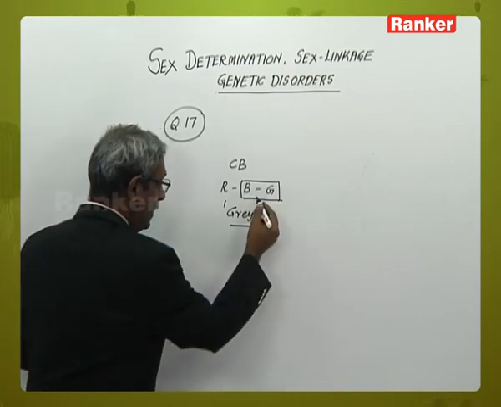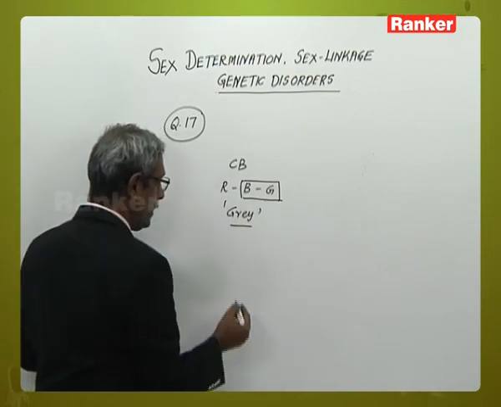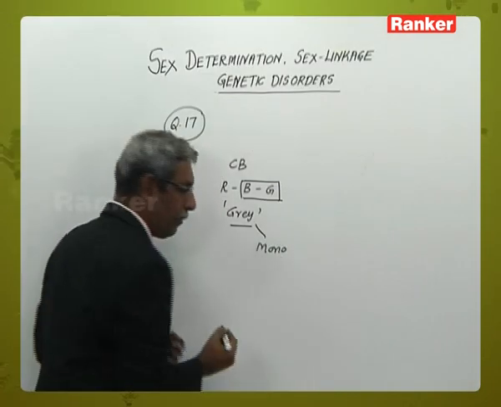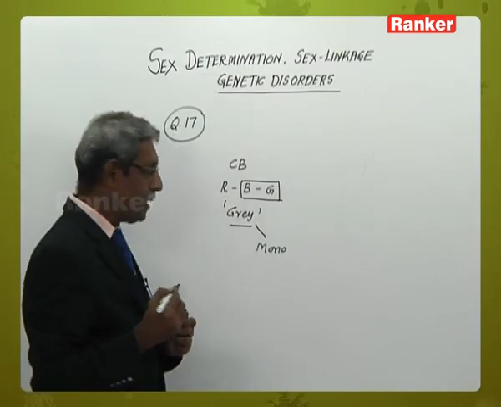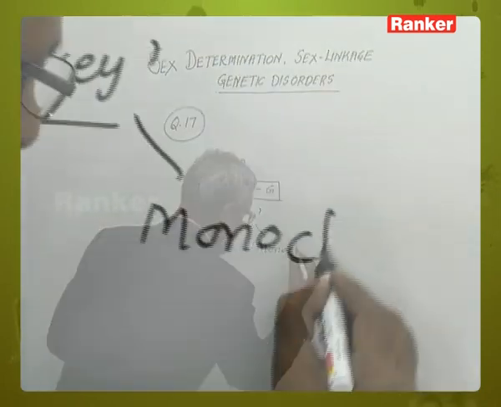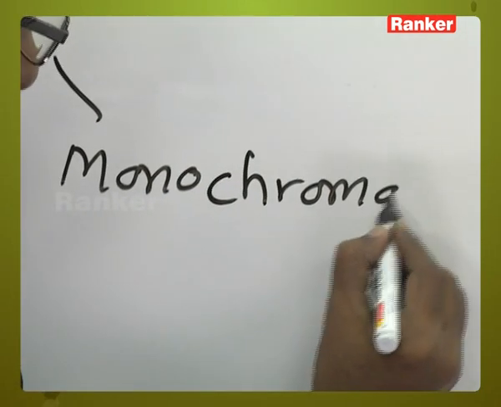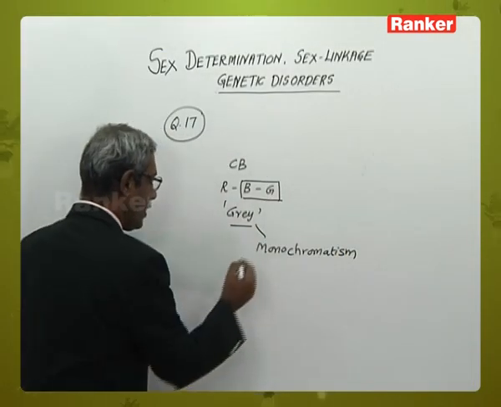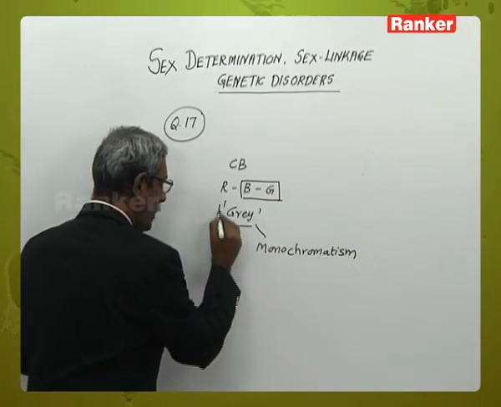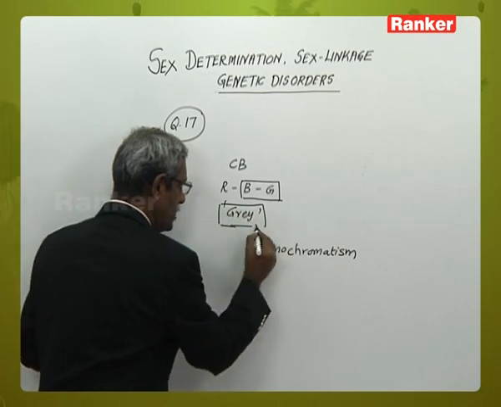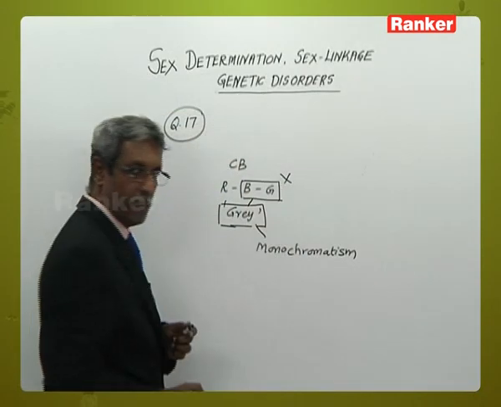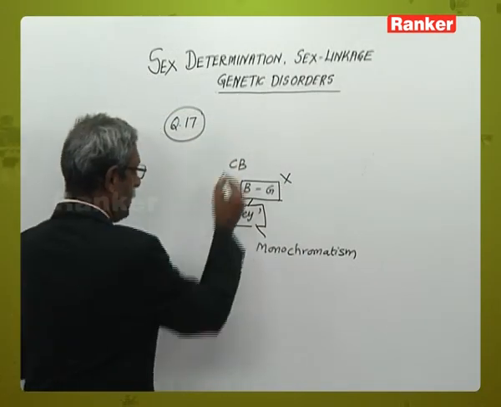When only one color is expressed, it is termed as monochromatism. So, monochromatism, or the ability to visualize only the grey color instead of the blue-green color, is termed as color blindness.